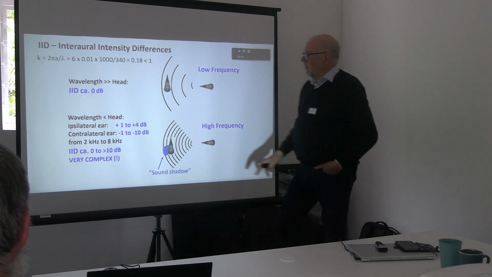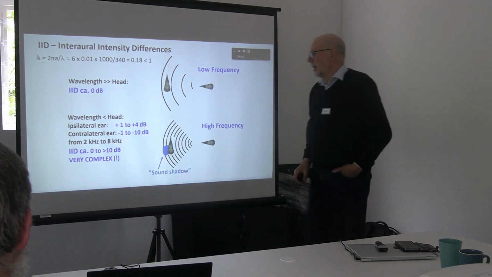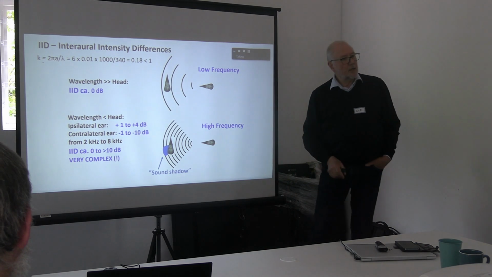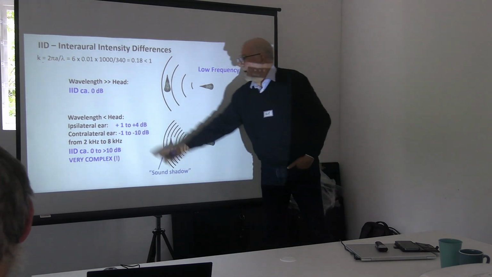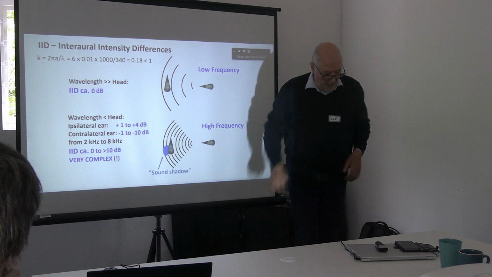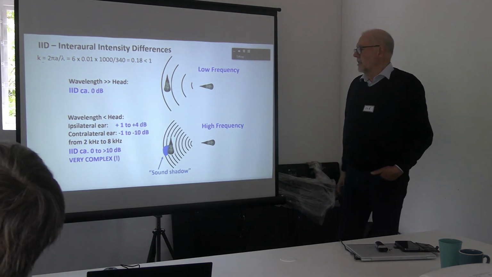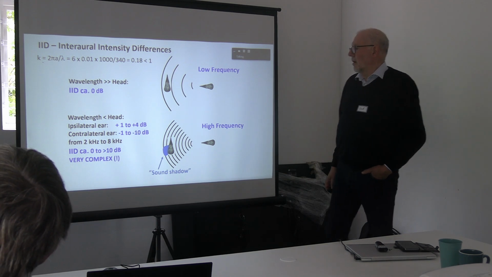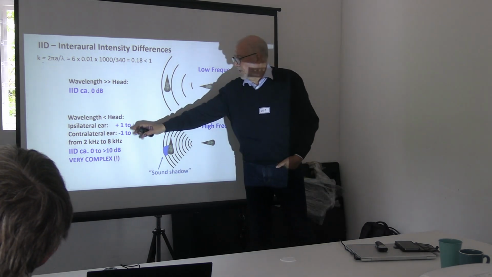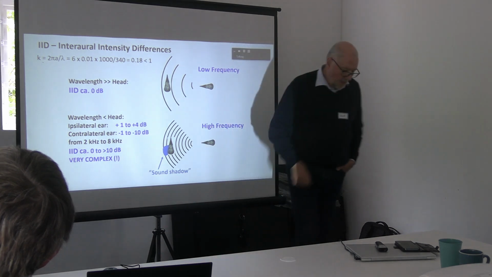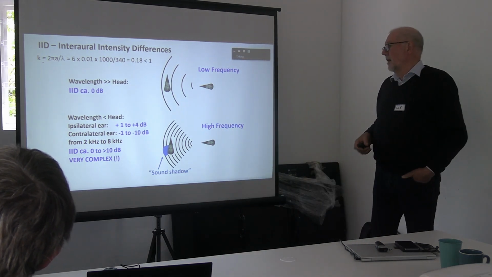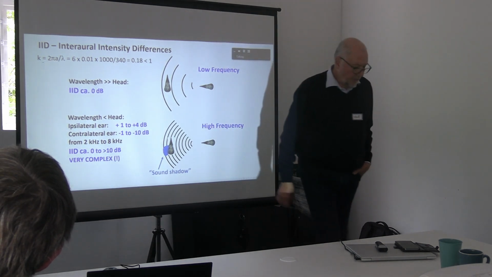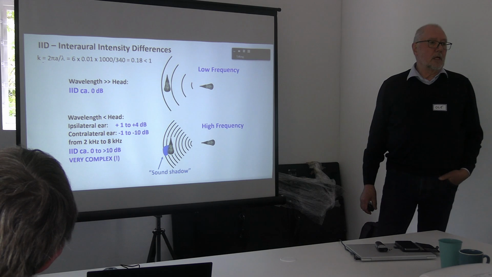If the wavelengths are becoming smaller than the head, then the ipsilateral ear, which is the ear that is exposed to the singer, will have an additional perceived intensity of 1 to 4 dB at the most, whereas the contralateral ear over here will have what is referred to as a shadow zone.